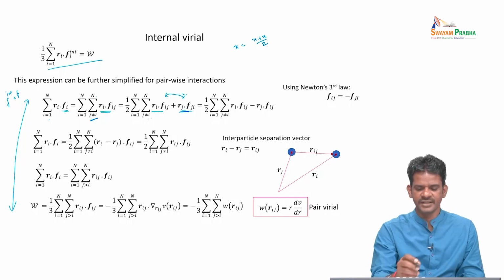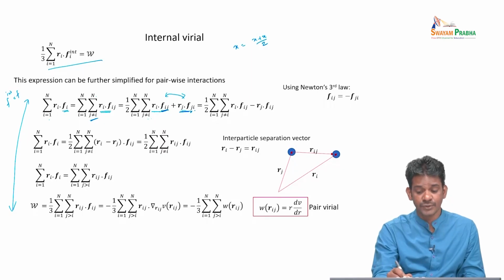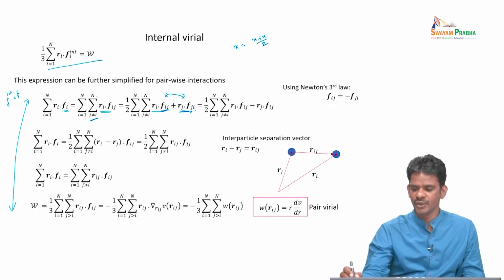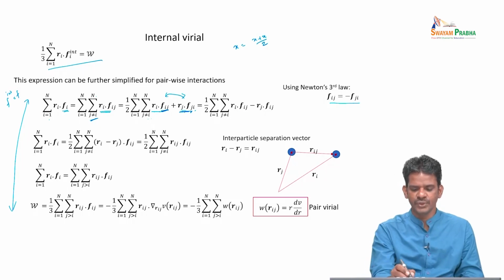But the advantage of writing this way is that you can see that the force acting on the ith particle due to j and the force acting on the jth particle due to i are related by Newton's third law. So, the magnitude of the force is the same, only they act opposite to each other. That property is something we can use when we write in this particular form.